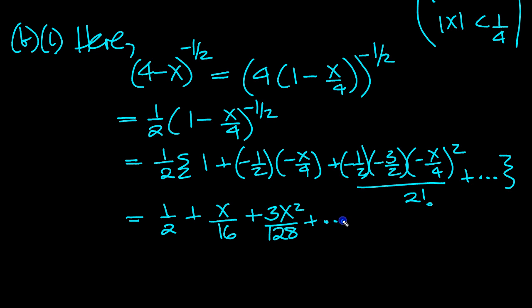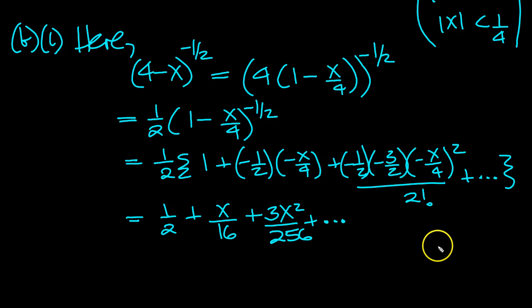Plus dot dot dot. But there's a half outside, isn't there? So that's 256 now. So let's just put that in. Easy to forget. 256. So it's a half of this, 4, 8, 16, and a half of this, 16, 32, 64, 128, 256. There we go. So that's part B.